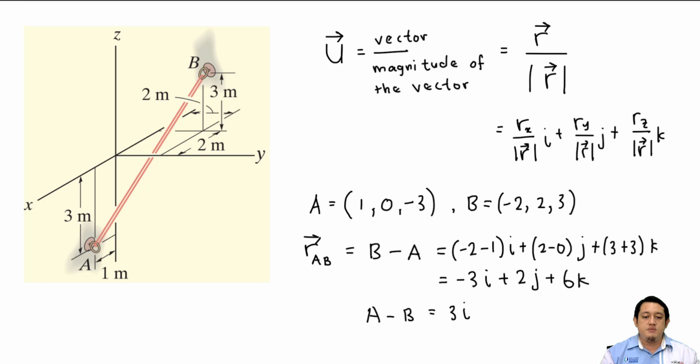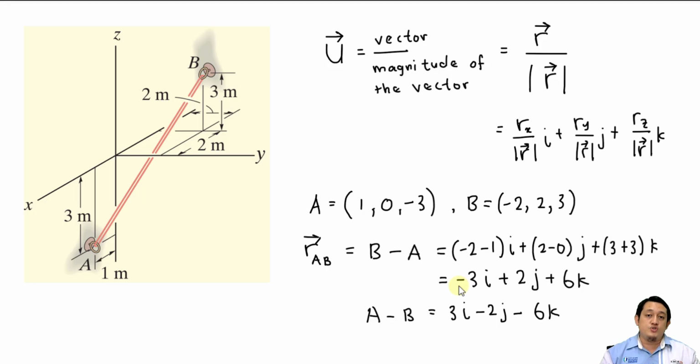And then 0 minus 2 will be negative 2. So negative 2J. And then negative 3 minus 3. Negative 3. Negative 3. So negative 6K.